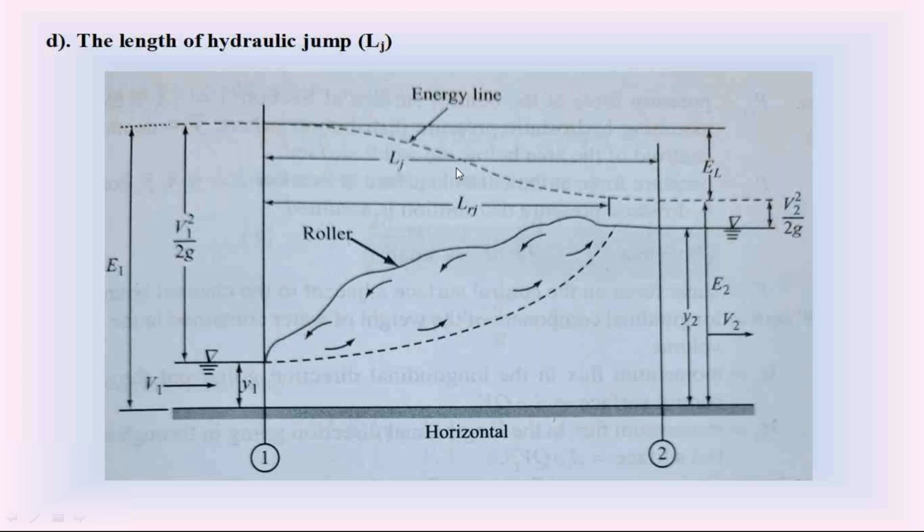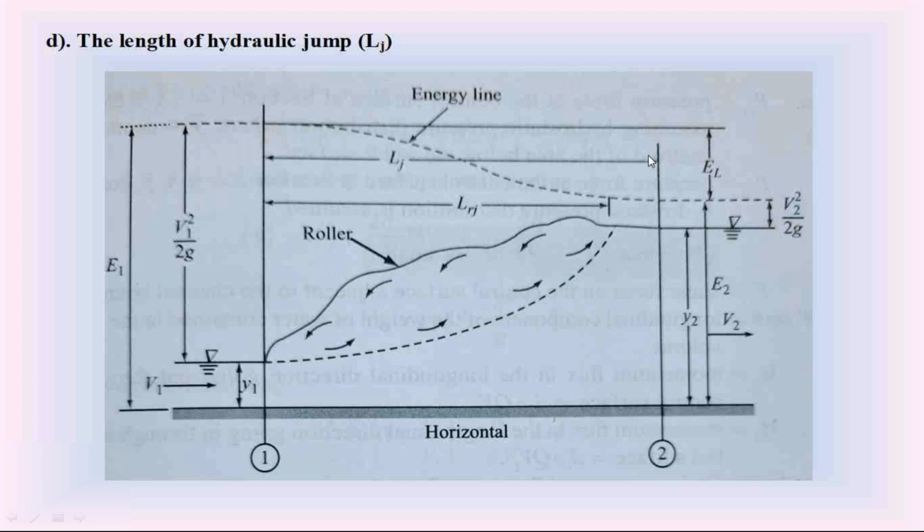Then this distance is measured up to this end of the hydraulic jump. This is the location where the water flow is converted into subcritical flow. This is the location where the supercritical flow changes into hydraulic jump. And up to that location, the water depth is in the subcritical condition.